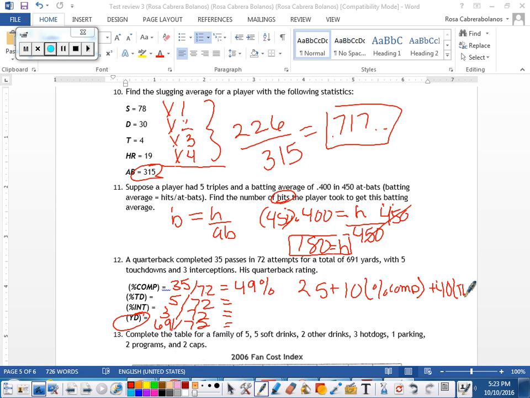Times the touchdown minus 50 times the interceptions, and then plus 50 times the yards. And you have that formula in your notebook, so if you can't read it right now because it's all crowded, you still have it in your notebook, and then divide by 12. Once you divide all that, you should be getting your answer for your quarterback rating.